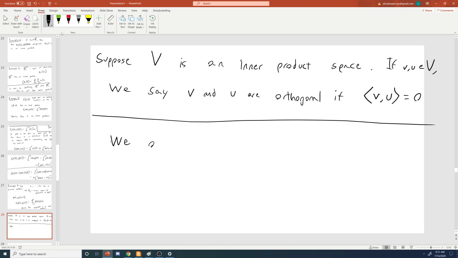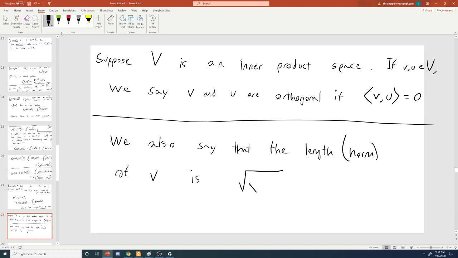We also define the length, or in fact, we're going to start using the adult term, norm, of v to be the square root of the inner product of v with itself, and we denote it by two bars around v.